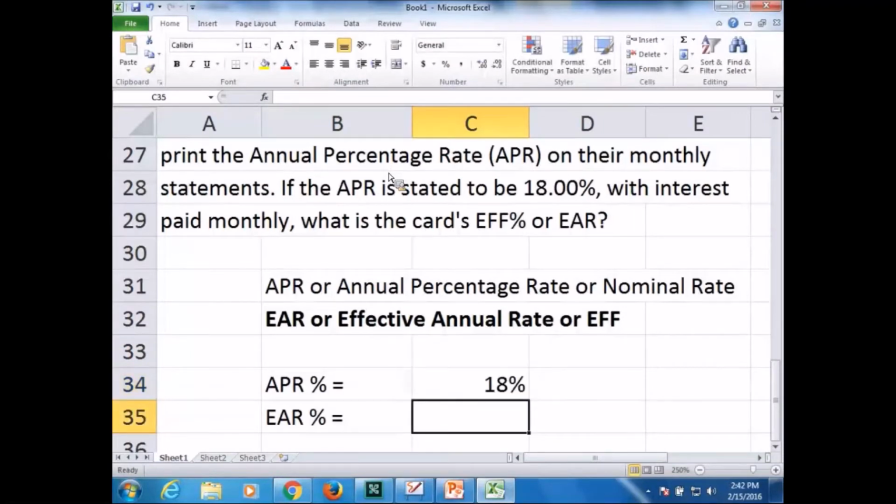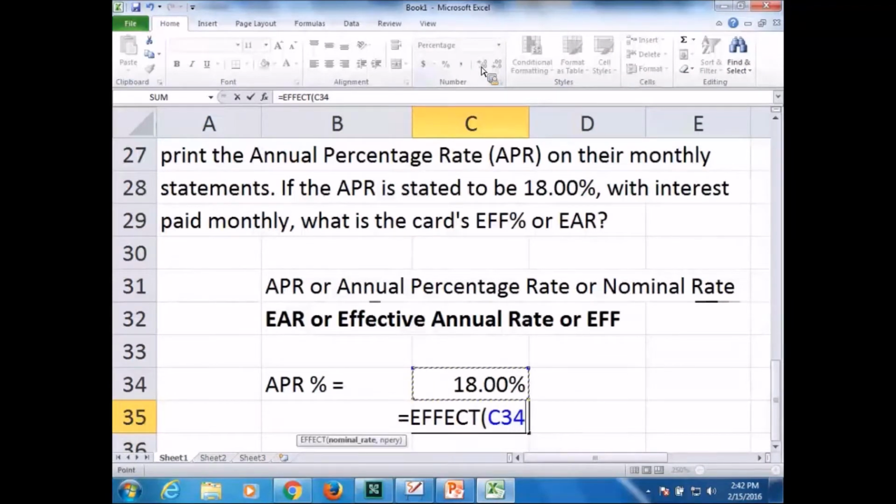So we just use this function called EFF. Actually it is EFFECT. This is the name of the function. Equal EFFECT, and we will enter here the nominal rate, which is 18%. That's the quoted rate, the APR, and then how many compounding periods per year.